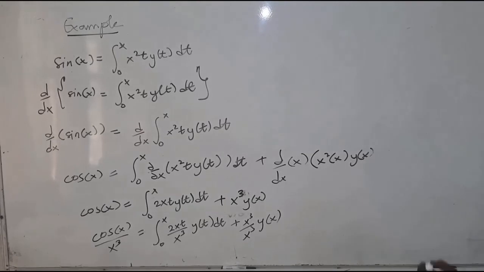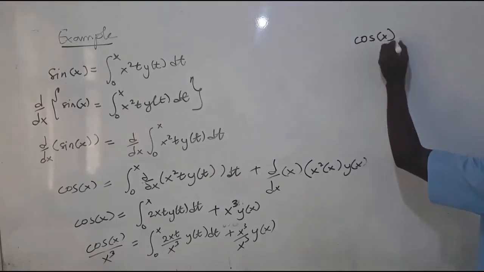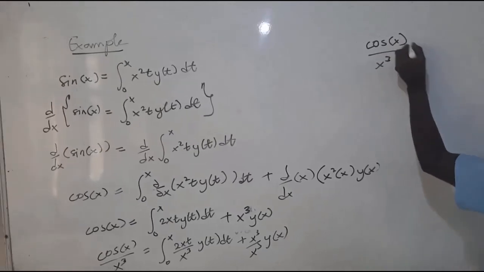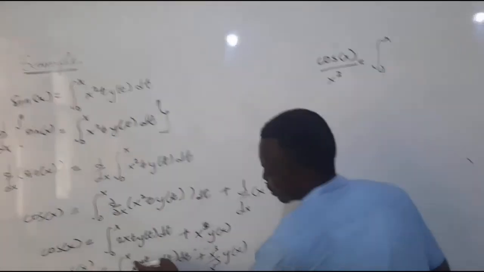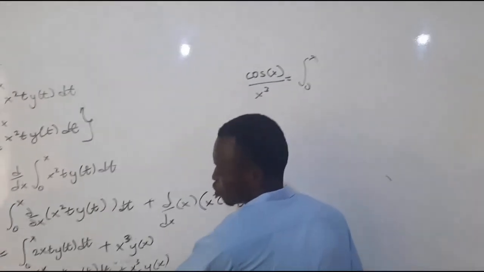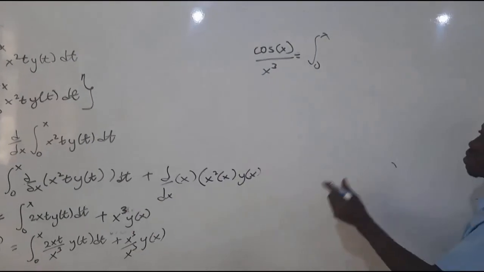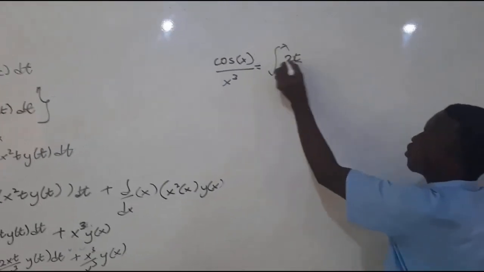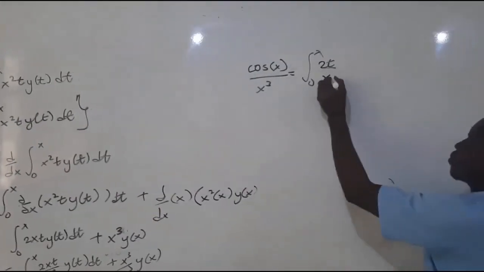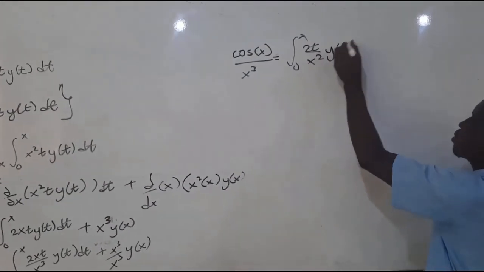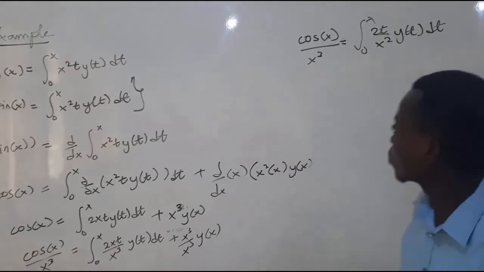We're going to get, this s here will cancel 1 over s here, so remaining s to the power of 2, which is 2t divided by s squared, y of t dt plus y of s.